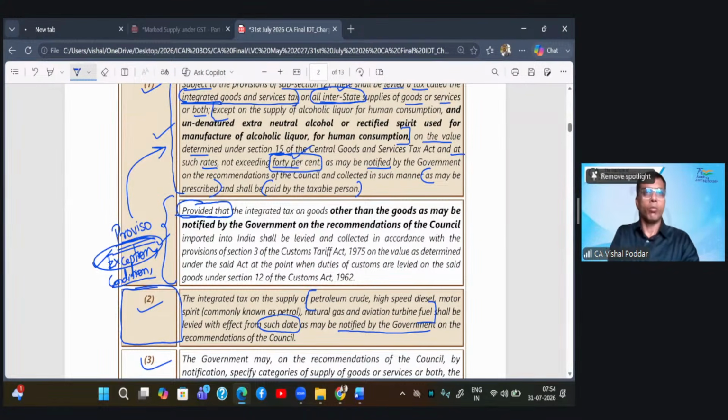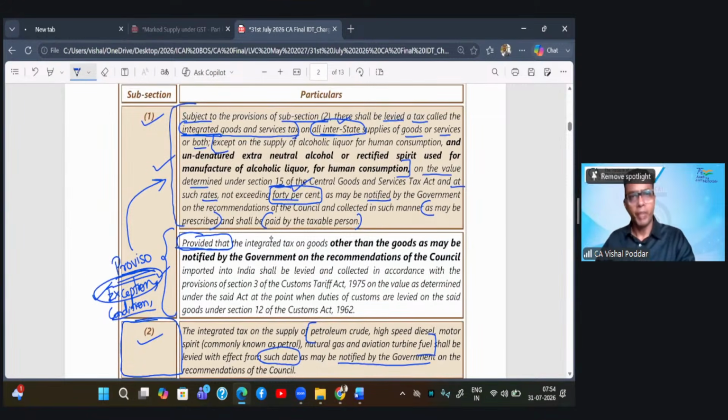How? What does the main para say? The main para said that the IGST Act will impose IGST on you, and it will impose IGST on all interstate supplies. So the main para is saying that on all interstate supplies, we will charge IGST. Now, when it is saying we will charge IGST, who is going to charge this IGST?